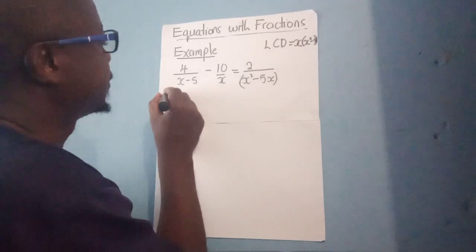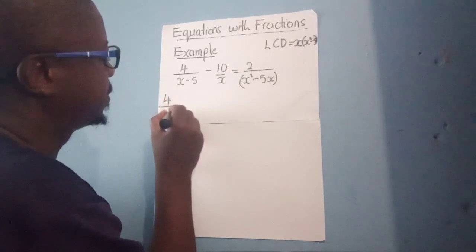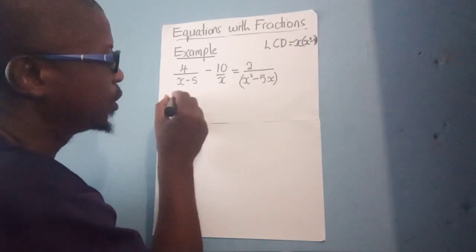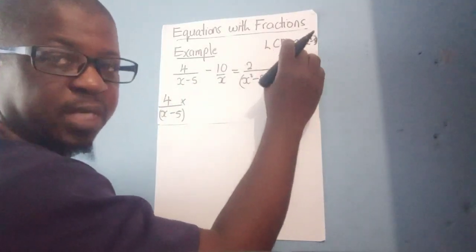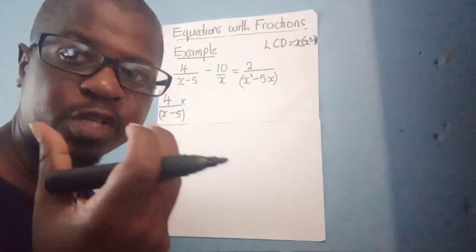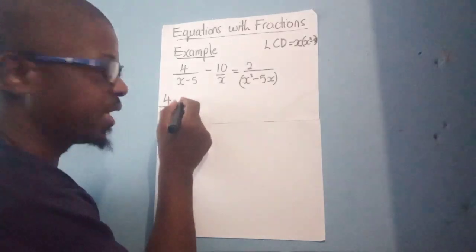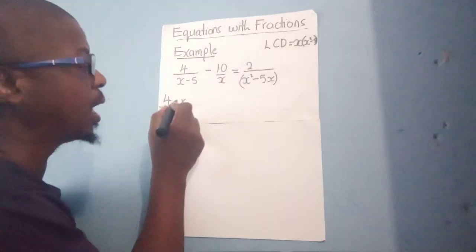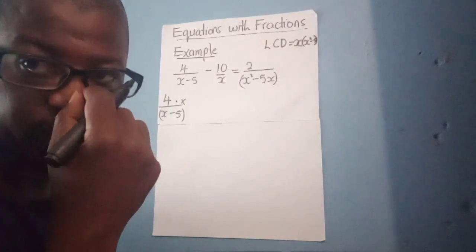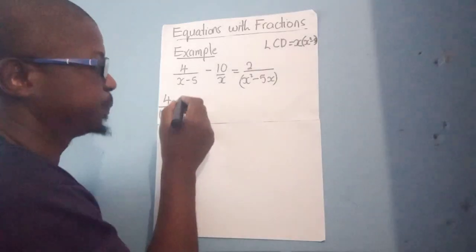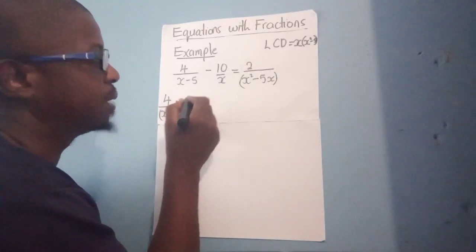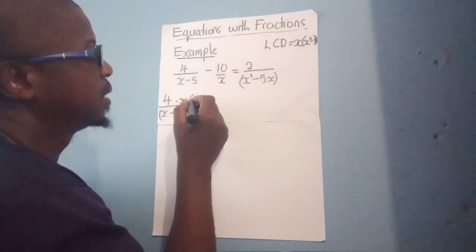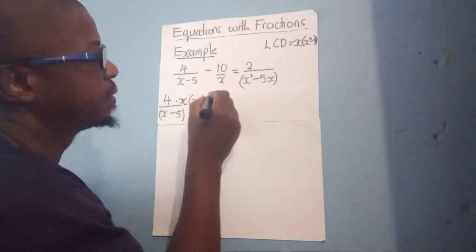So I do have 4 over x minus 5. I'm going to multiply with x minus 5. In this case, I'm not going to use this as my multiplication sign. I want to use a dot as a multiplication sign, so I'm going to change this times to be x and x minus 5.